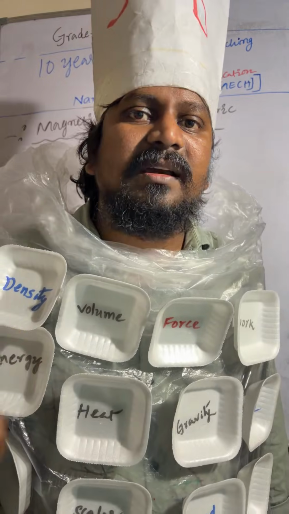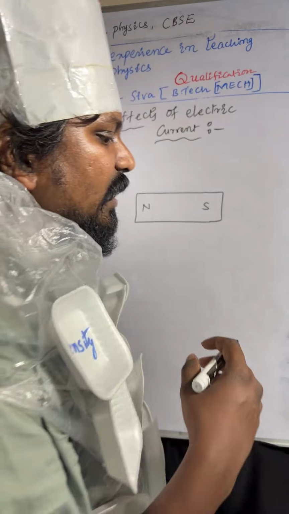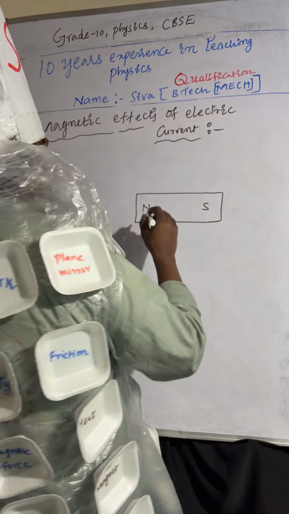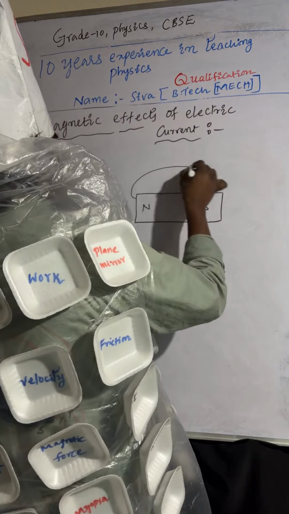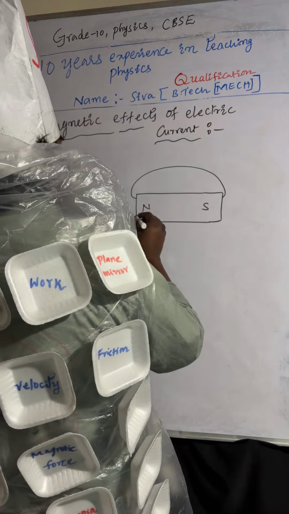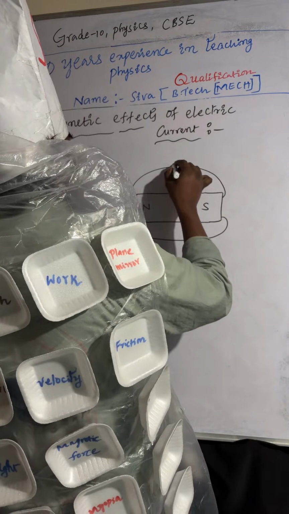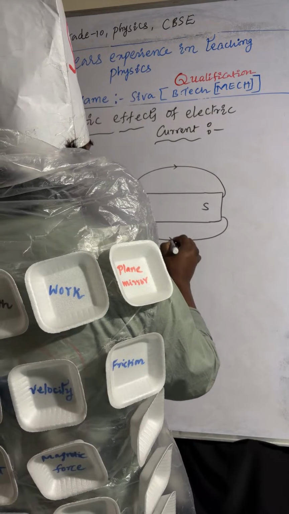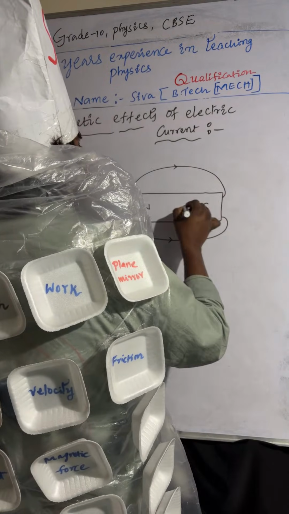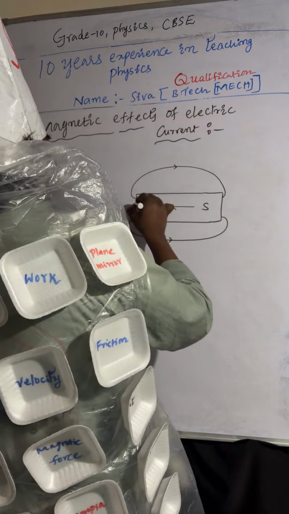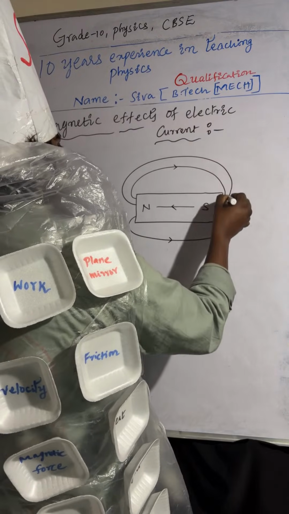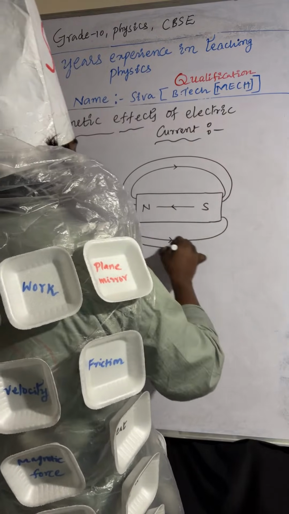Inside of the bar magnet, the magnetic field is south to north. Outside is north to south; inside it is south to north. I hope it is very clear.